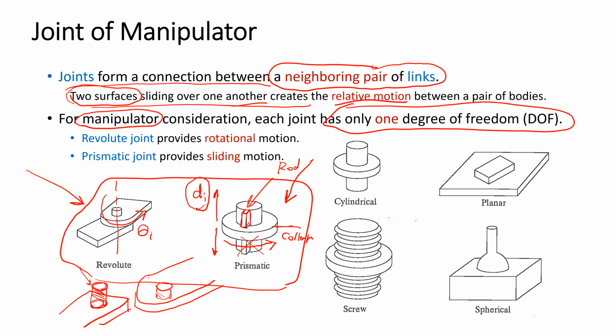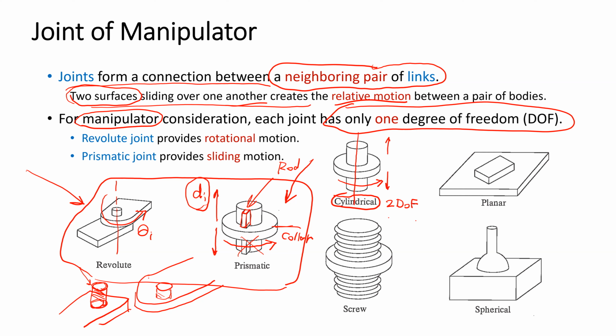Based on your experience, I think you may have some experience building mechanisms that use a cylindrical joint. The cylindrical joint, you can move it upward and downward, and at the same time you can rotate it about the axis of rotation. The cylindrical joint has 2 degrees of freedom.